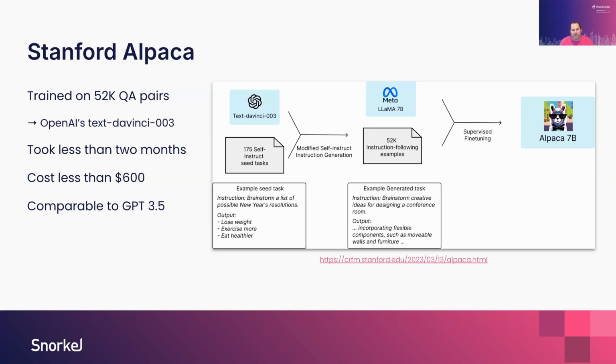Then they took those QA pairs and they used it to train a Llama 7B model. What's fascinating about this and impactful is you see there on the left, less than 2 months and less than $600 was spent. But when they were finished, they ended up with a model that was comparable to GPT 3.5. So again, they have a smaller model. It's going to have lower inference cost, but it's meeting our accuracy and latency requirements.